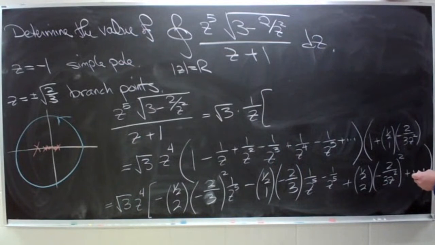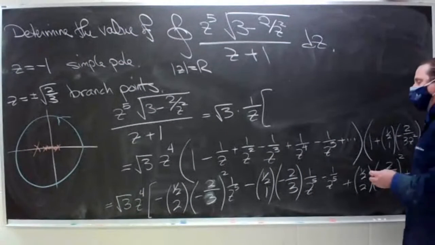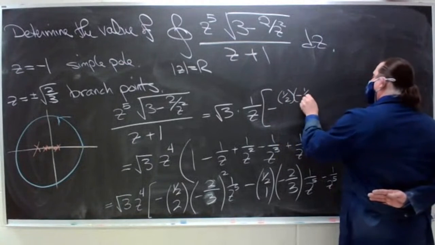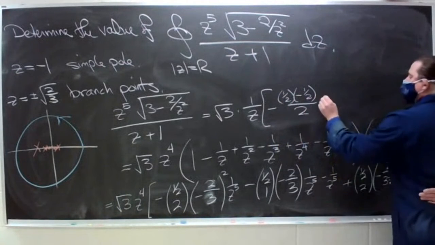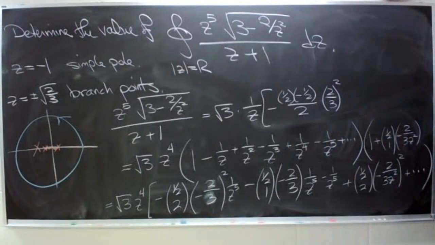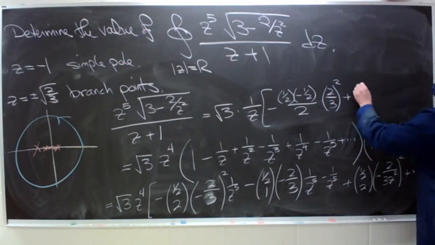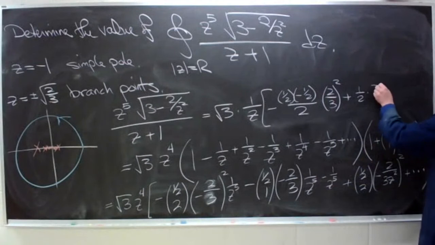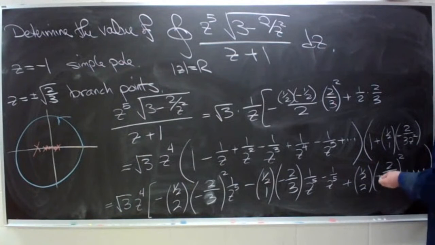All right, I've got negative 1/2 choose 2 times 2/3 squared plus 1/2 times 2/3 minus 1.